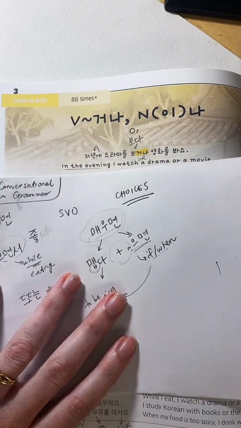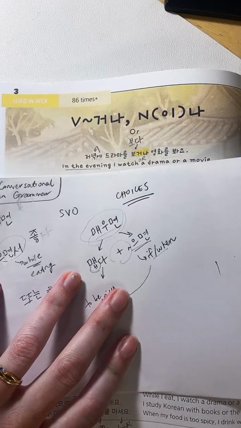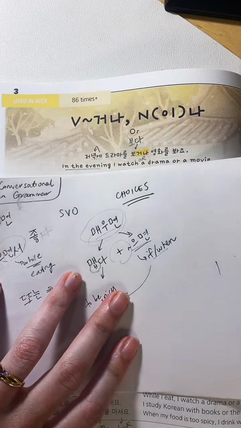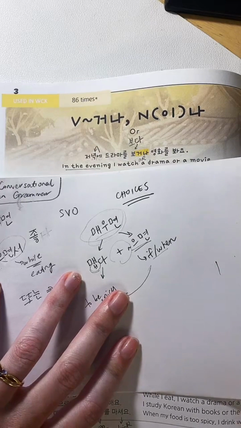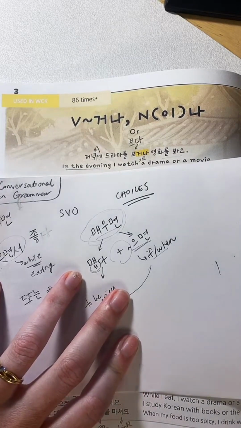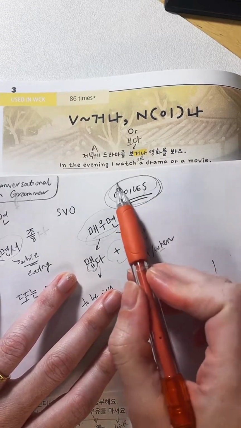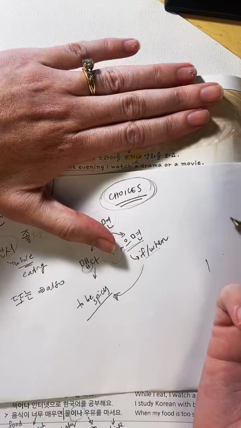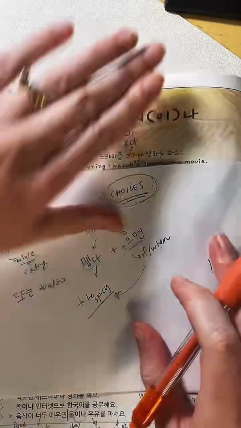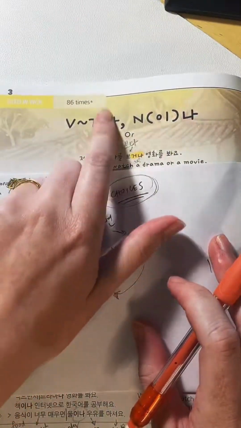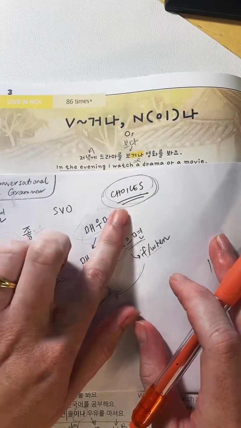Or do you want to go to the movies or go to dinner? Or do you prefer cats or dogs? In all of these situations, when you're asking someone to make a choice, you do not use na or kona.